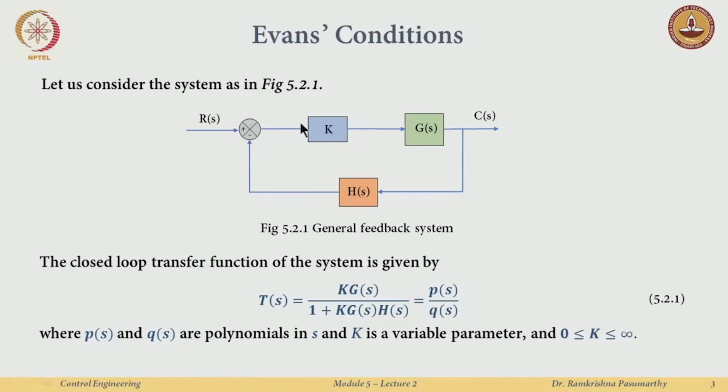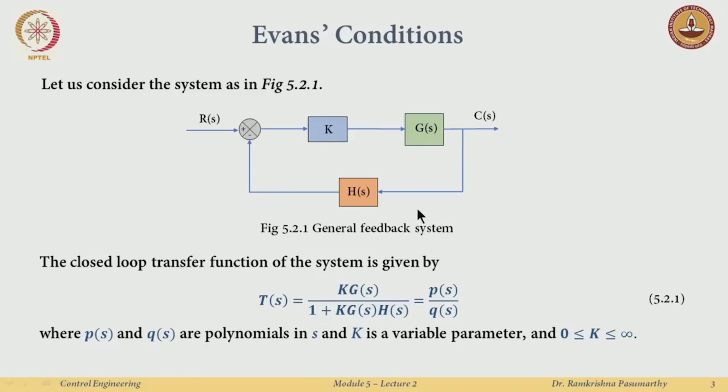So, let us consider a typical closed loop system, where I have the reference signal, a certain output, a gain K, G in the forward loop, H in the feedback loop, plus and minus and so on. And I know that for this system, the overall transfer function is simply KG over 1 plus KGH, and we now know how to derive this, right. Okay.